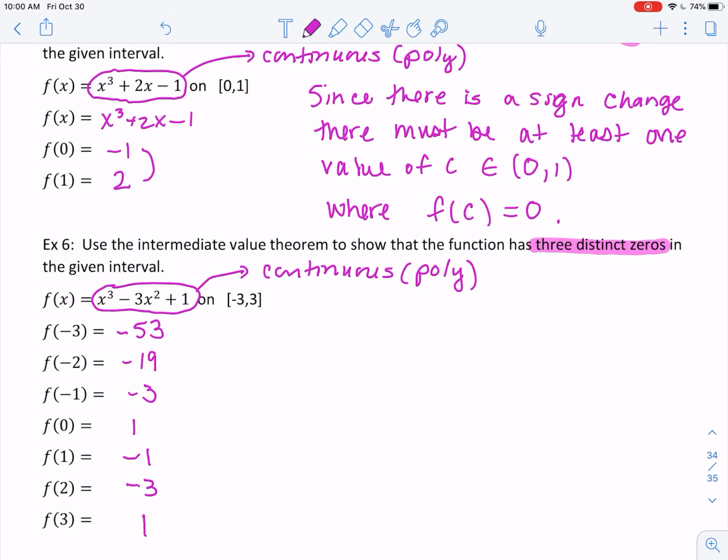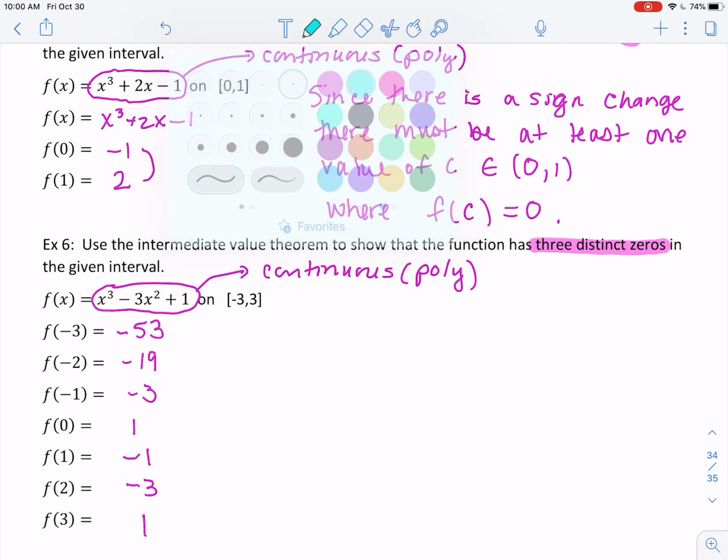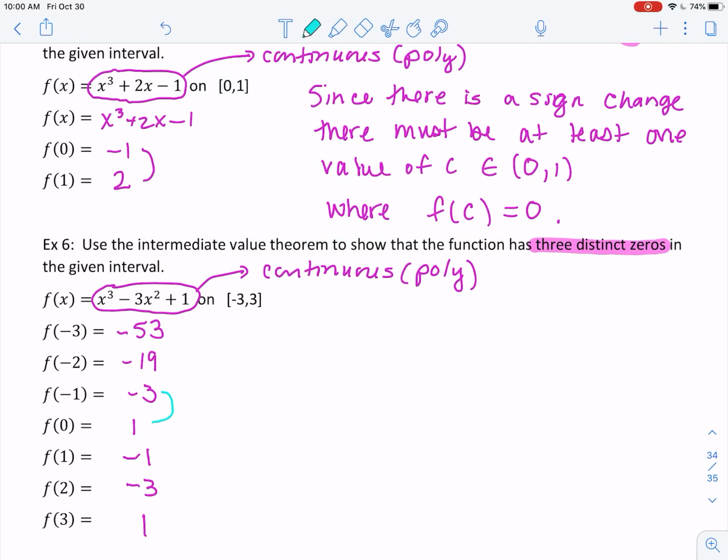All right. So we're going negative to positive, positive to negative, negative to positive. Okay?